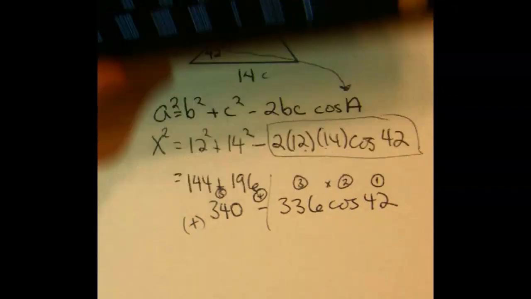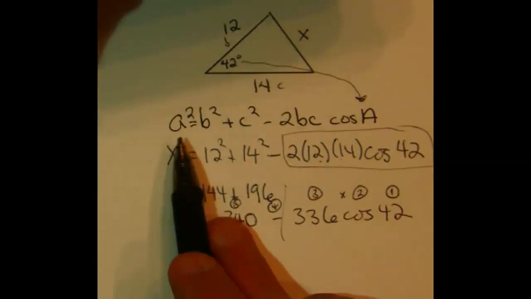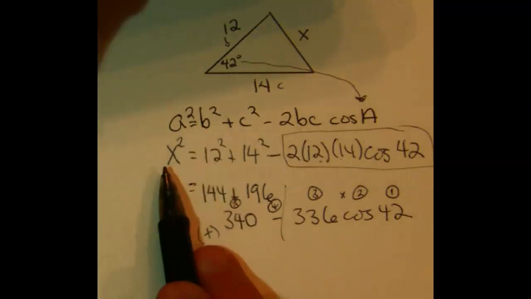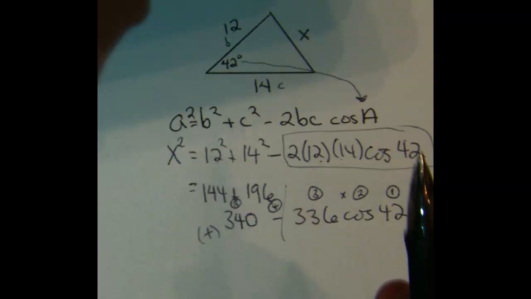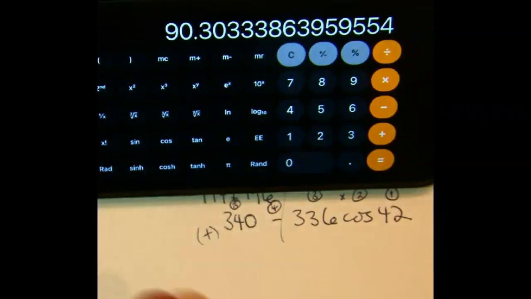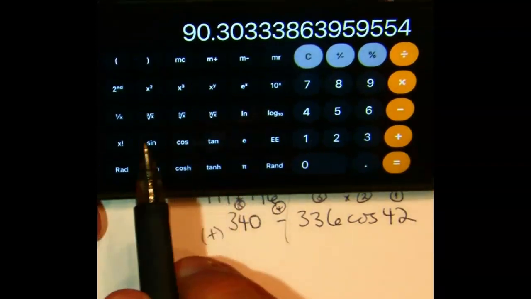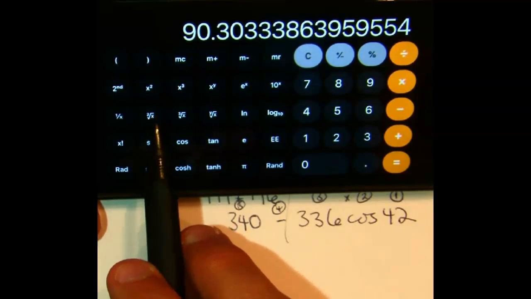Now looking at this problem, x does not look like it should be 90.3. But look at the formula. It says a squared, x squared. So what do we do when we have a square? You're correct, you have to take the square root. So you come over here on your calculator and you'll notice this little square root of x.